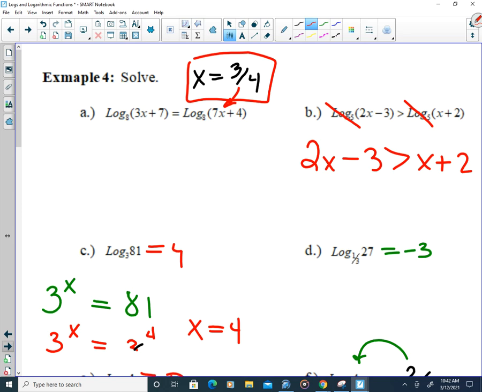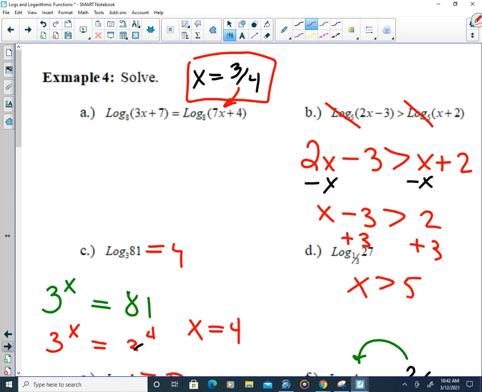Now, let's just solve this for x. So let's subtract x from both sides. We get x minus 3 is greater than 2. Add 3 to both sides, we get x is greater than 5. So the solution is all values of x that are greater than 5.